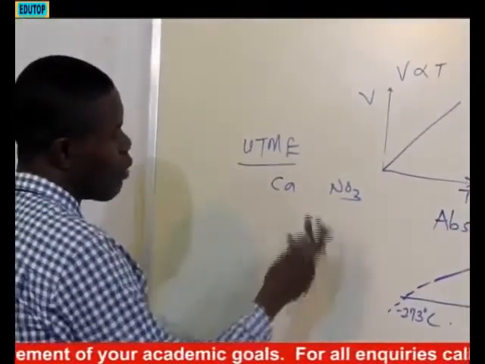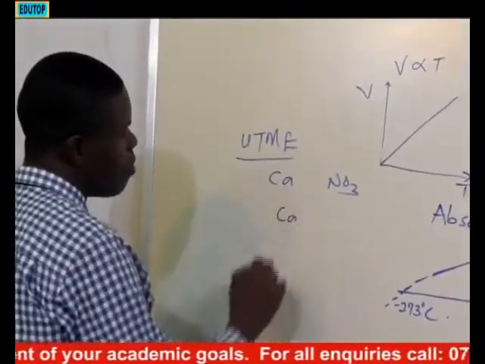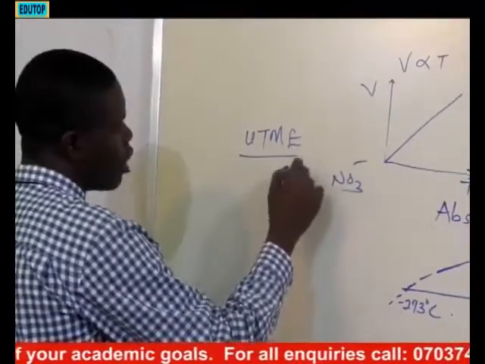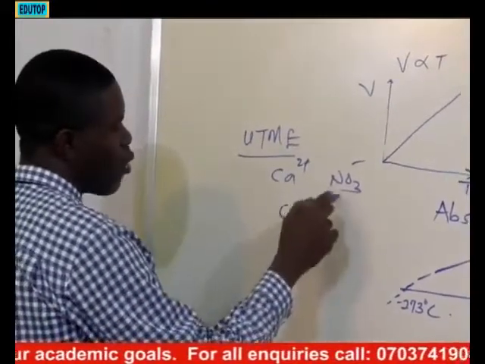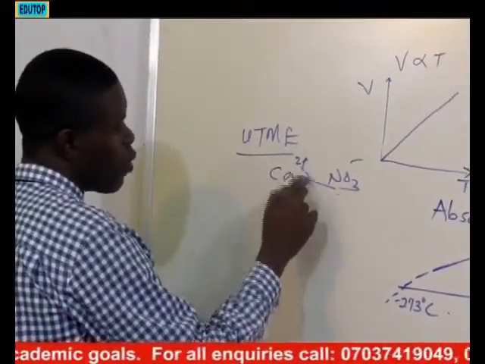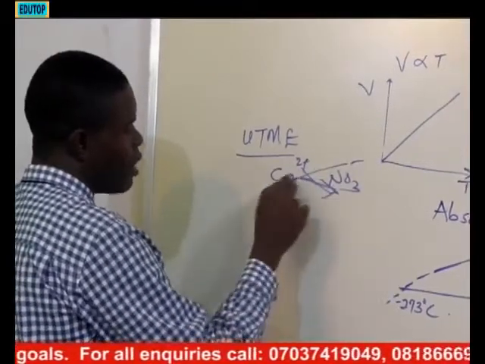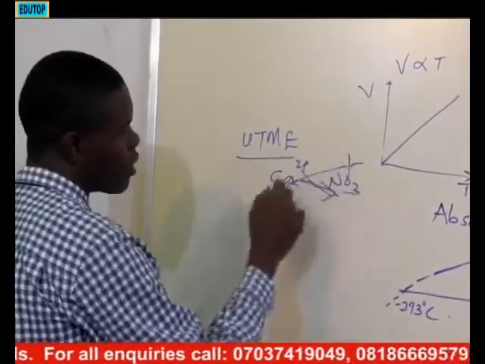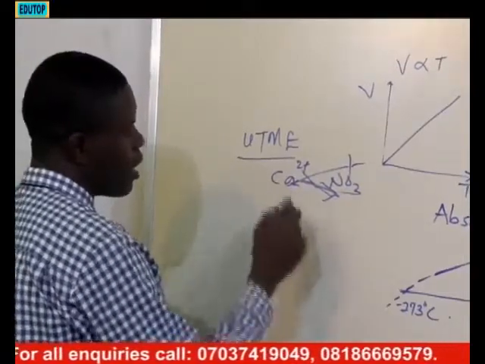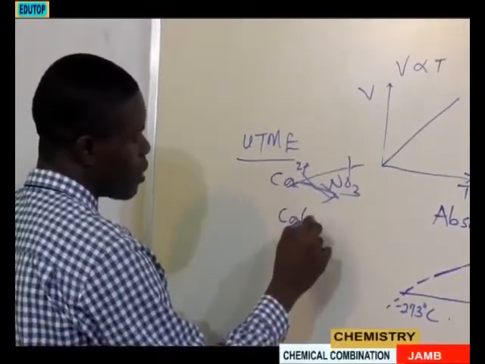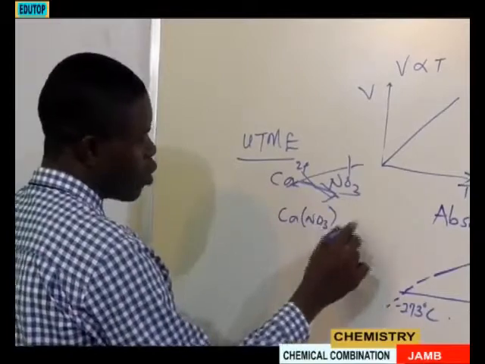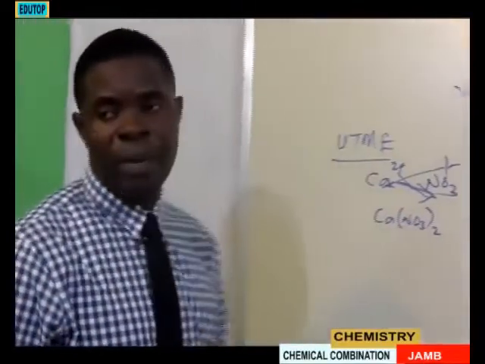How would they combine? Nitrate is -1 and calcium is +2. When you cross the charges, you have 1 times Ca, and 2 times NO3, so Ca(NO3)2. This is the way it will combine to form a compound.